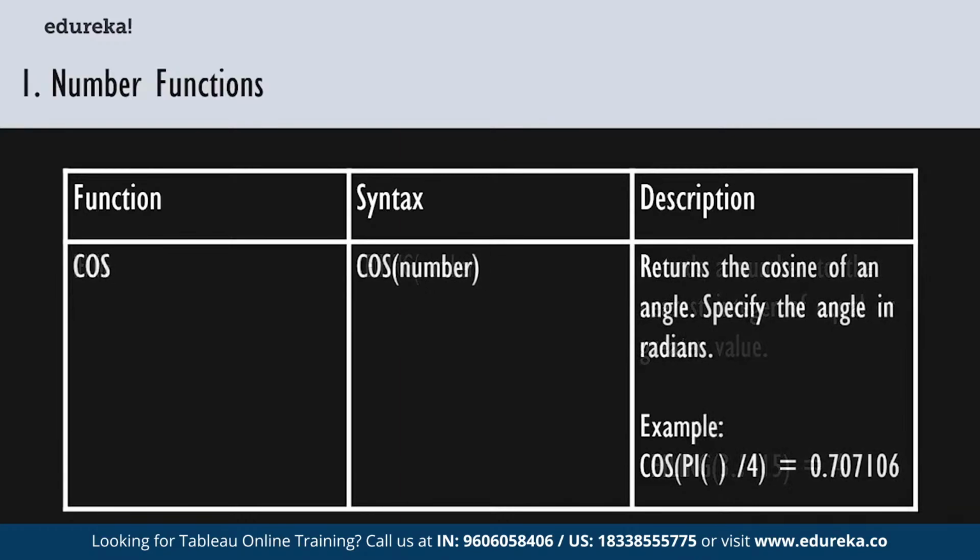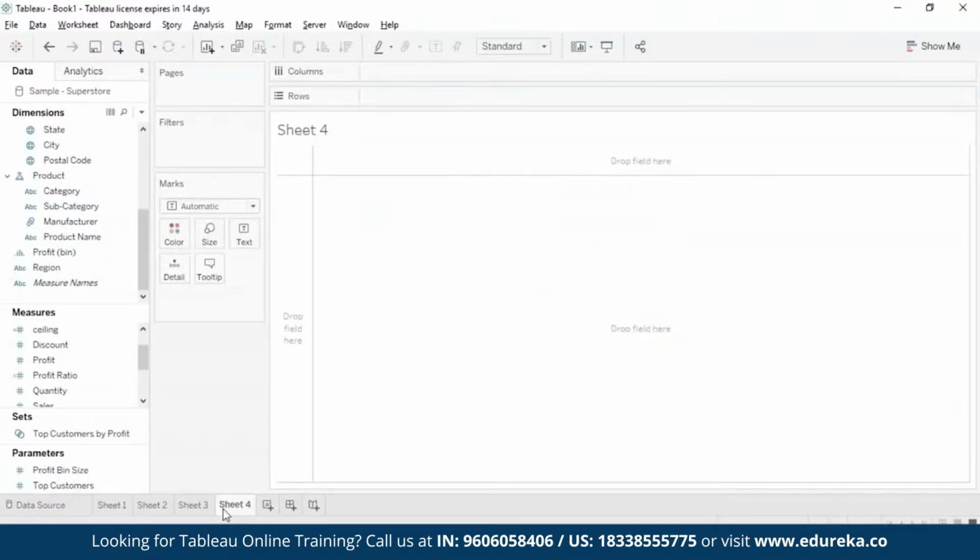Next we have cos. Now cos or cosine of an angle, it's pretty self-explanatory. Most of you, I'm sure, would have studied this in school. It basically returns the cosine of an angle if you give your angle in radians.